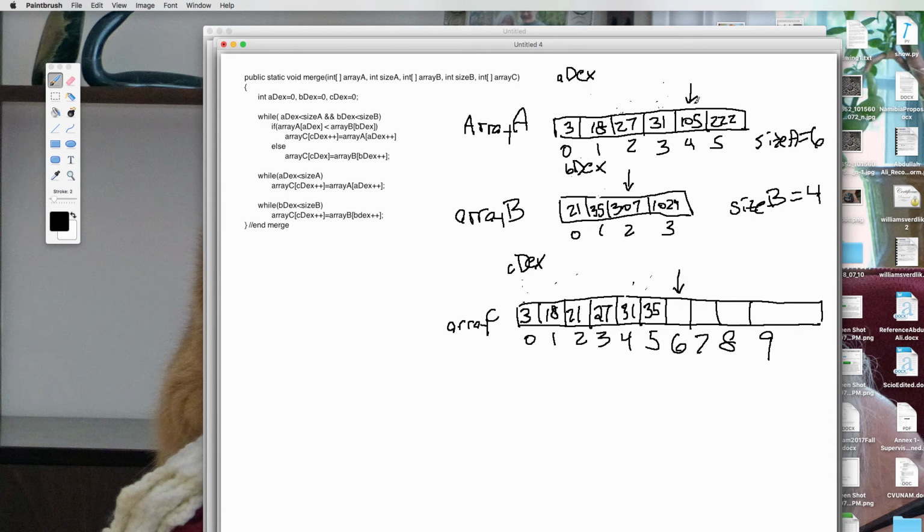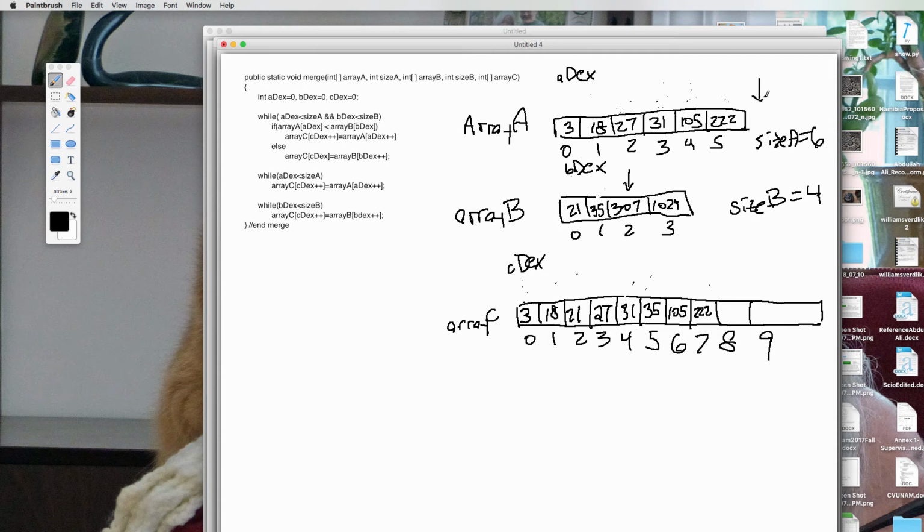At this point, I'm going to copy the 105 from A. So I am now in this situation here. Okay, and again in this situation, I'm going to copy the 222. And now what's going to happen is I find myself like this.